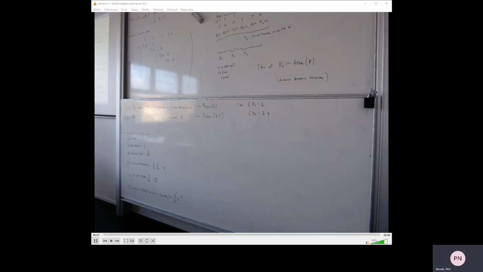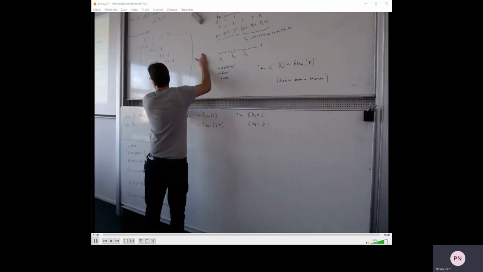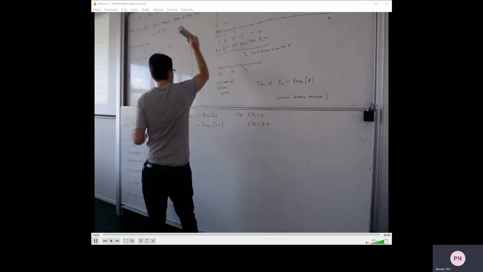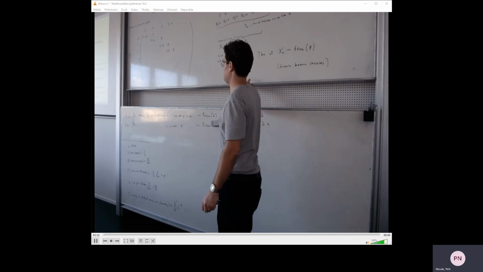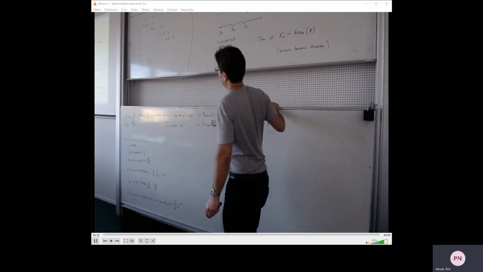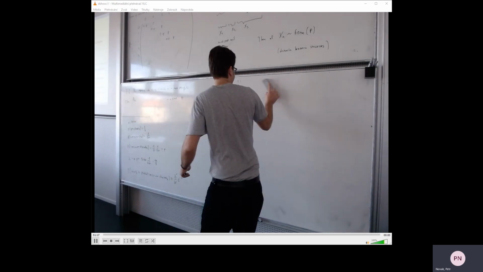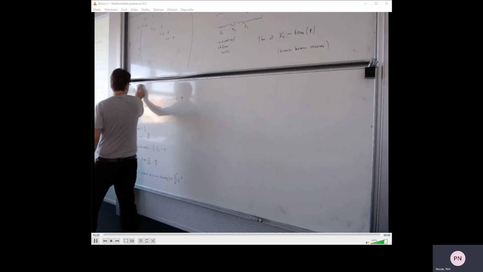Now, for this, we use the Poisson process. The Poisson process is exactly that, a continuous generalization of the binomial process.